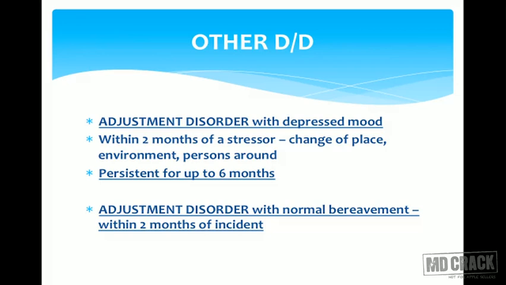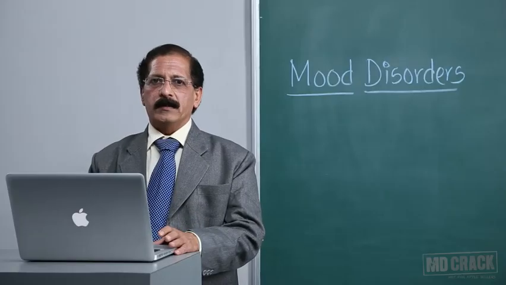The second one is adjustment disorder with normal bereavement within 2 months of the incident. So this is different because there's normal bereavement, the patient is coming within 2 months of the incident, so it's called adjustment disorder with normal bereavement.